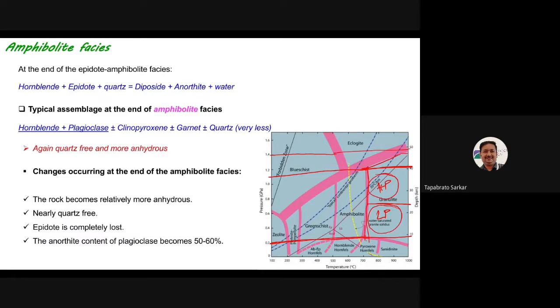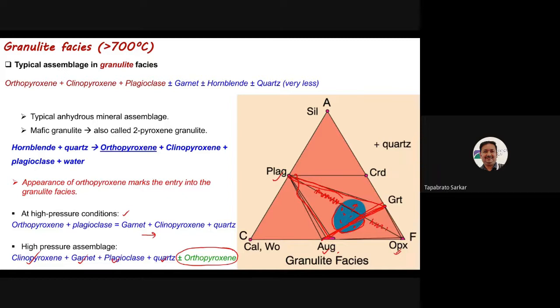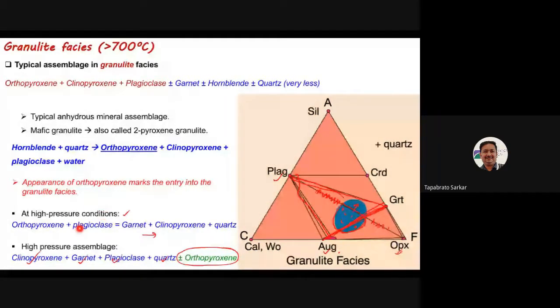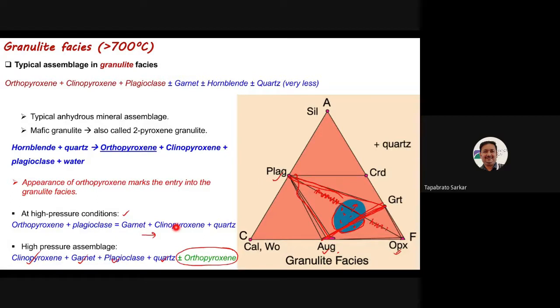That is what I tried to show you with this diagram: at relatively higher pressure, the tie line connecting plagioclase and orthopyroxene is gone and is replaced by the tie line connecting garnet and clinopyroxene. Obviously, cross-cutting tie lines cannot exist. If the tie line is cross-cutting, it means there is a reaction relationship between them, and that is what we see: orthopyroxene and plagioclase forming garnet plus clinopyroxene.